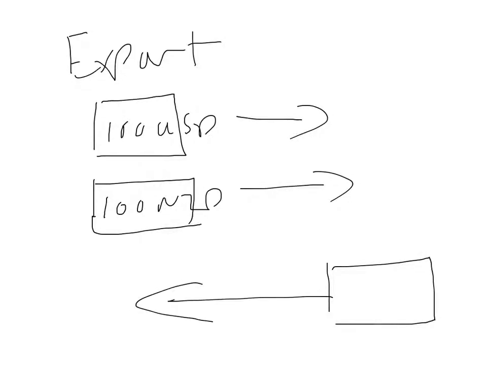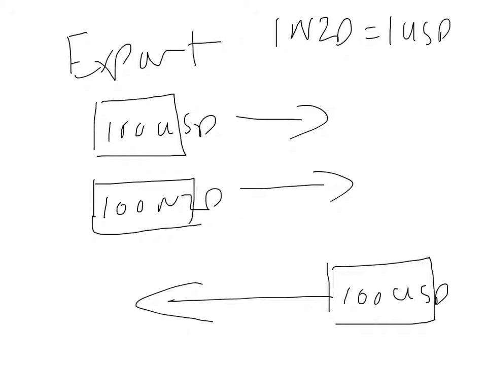This way, 100 US dollars. And so remember, we've got 1 New Zealand dollar did equal 1 US dollar, and now 1 New Zealand dollar only equals half a US dollar. So what we can say is that the New Zealand dollar has lost value, it's depreciated.